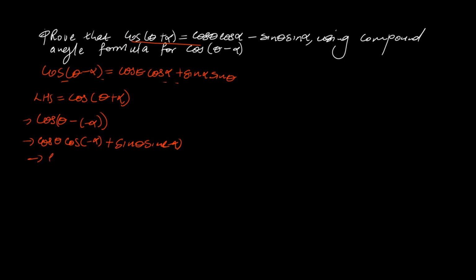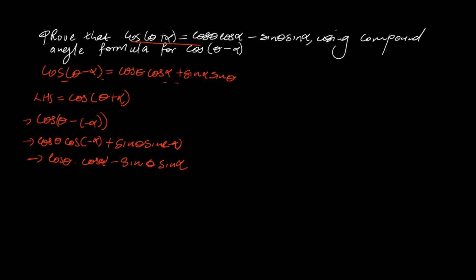Thereafter we are going to have cos theta, and then cos of a negative angle is positive cos of that particular angle, which is alpha, and then sine of a negative angle is negative sine of that particular angle. In our case, we are going to have negative sin theta sin alpha. That's it. We have proved that particular identity.